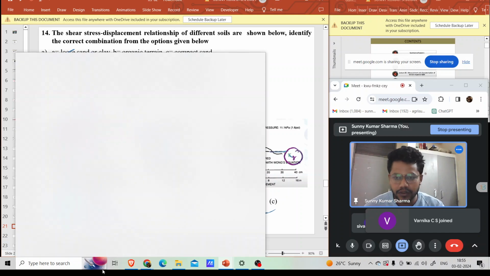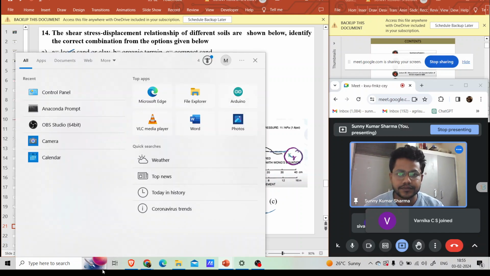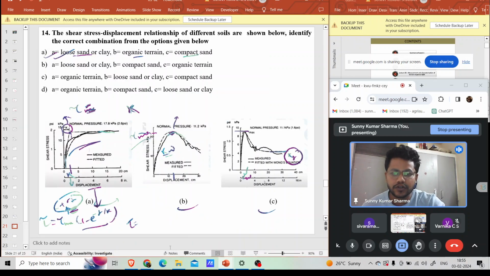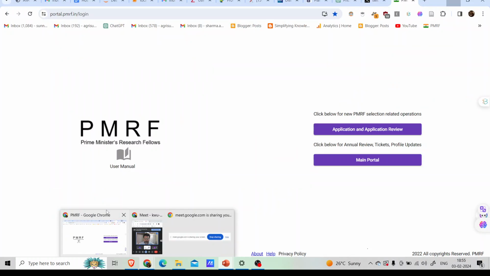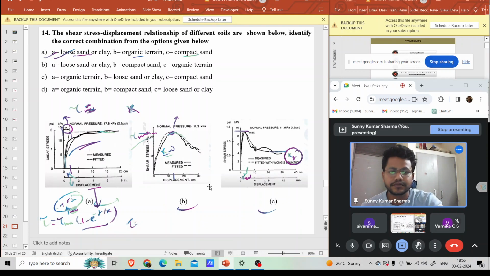Tau is denoted by, you can check from that NPTEL course, tau is equal to tau max into j by Kw, Kw I have explained, into 1 minus e to the power minus j by k.